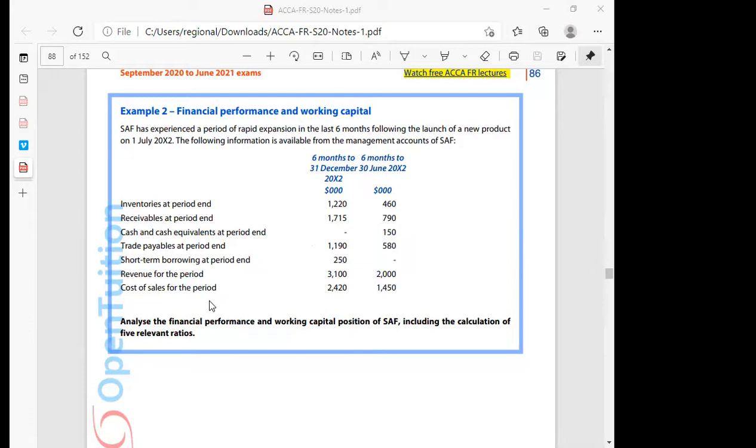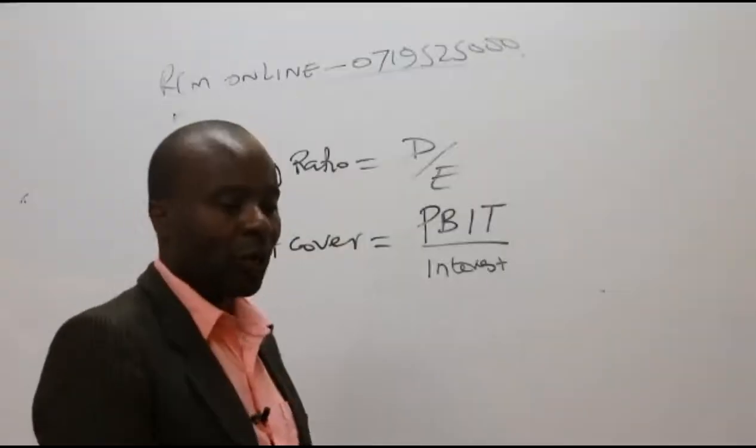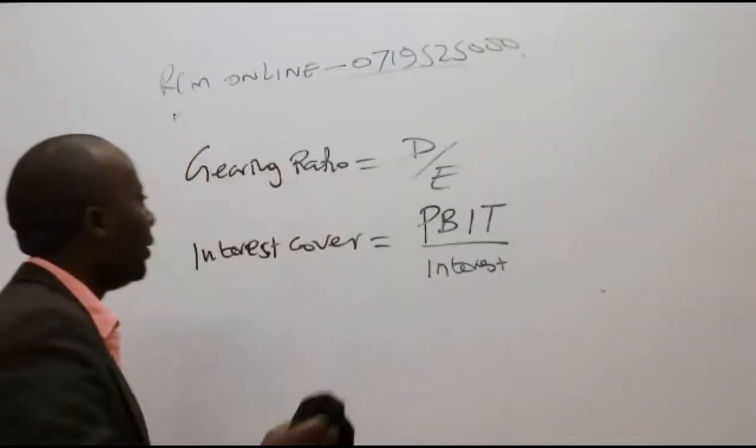They want us to analyze the financial performance and working capital position of SAF, including the calculation of 5 relevant ratios. The first one that I'm able to see up there is the inventory period, inventory days, because I'm able to see inventory at period end. So I'll start by calculating the inventory days.